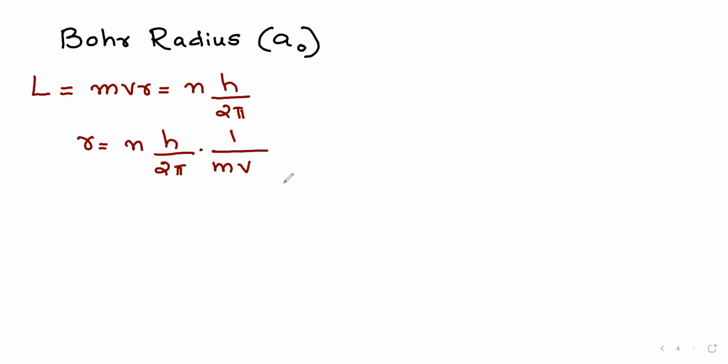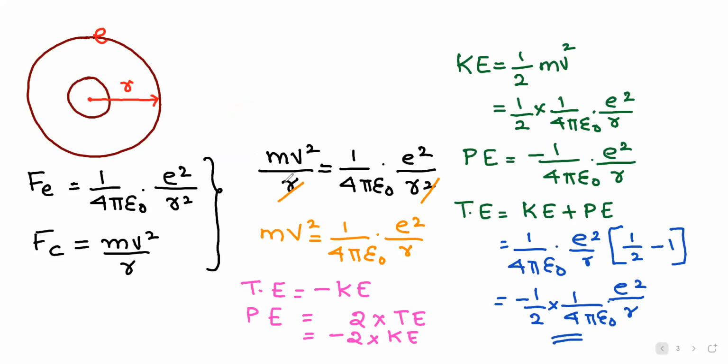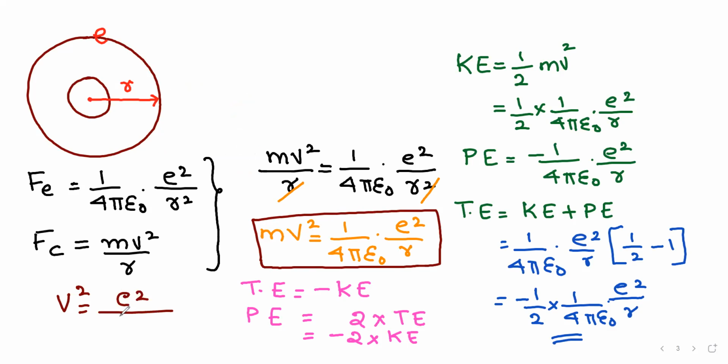So we know that except v, all are constants. In the previous derivation, we know what mv square is equal to. So from there, I am going to calculate v square. So what will be v square? V square will be equal to e square divided by 4 pi epsilon 0 rm. So what will be v?